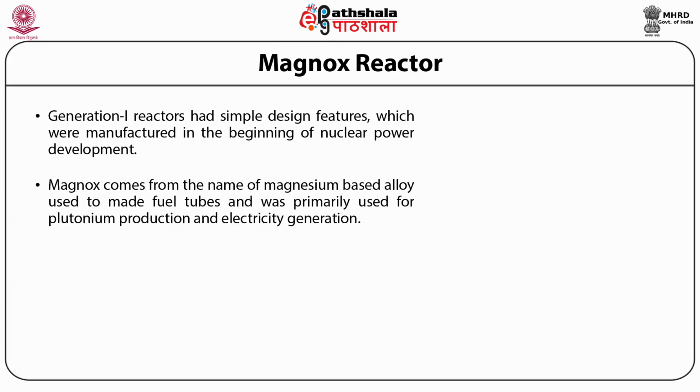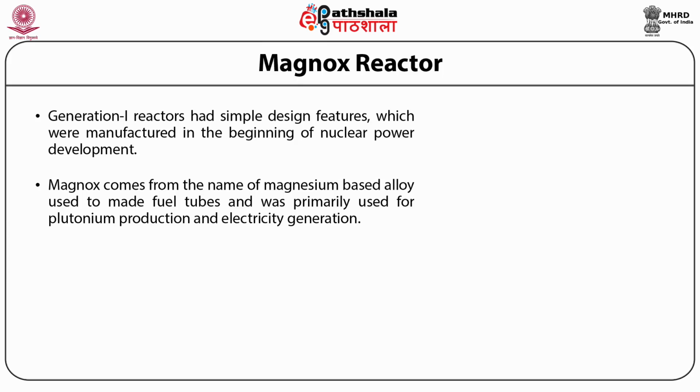Magnox comes from the name of the magnesium-based alloy used to make fuel tubes and was primarily used for plutonium production and electricity generation. The magnesium-based alloy was selected due to its low neutron capture cross-section.